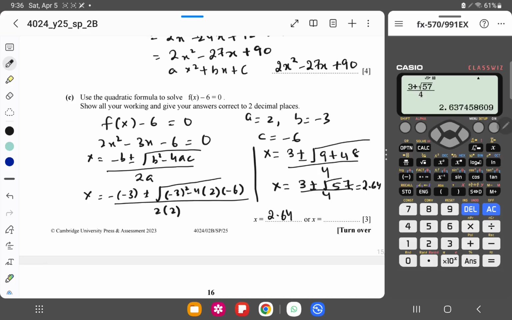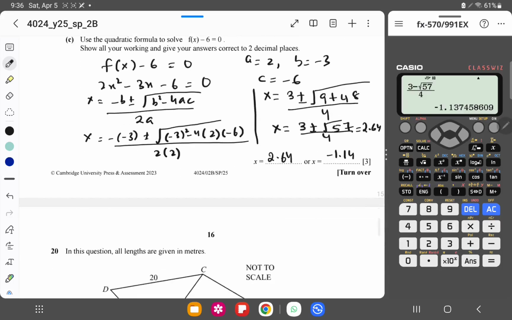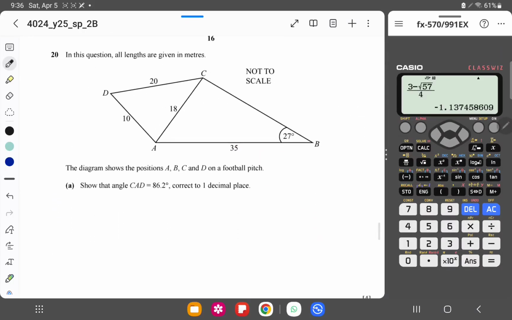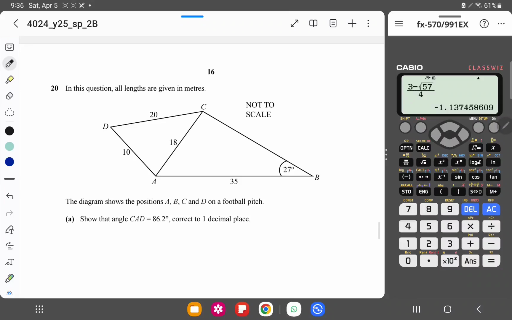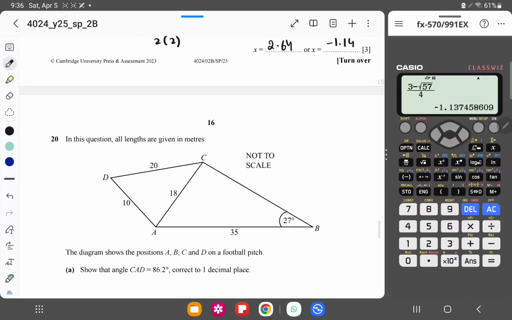For the negative one, this is minus 1.137, which means minus 1.14. You can check your answer with the calculator also if you want. In the previous video I told you how to check your answer.